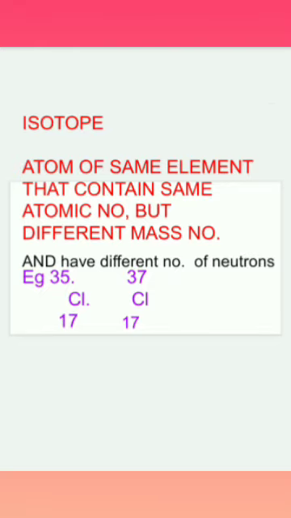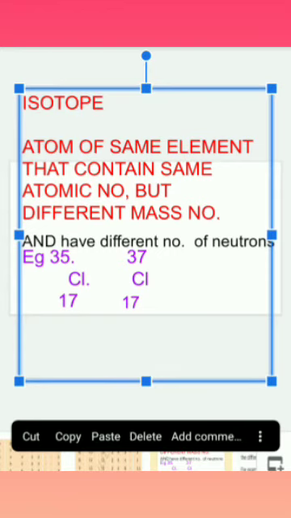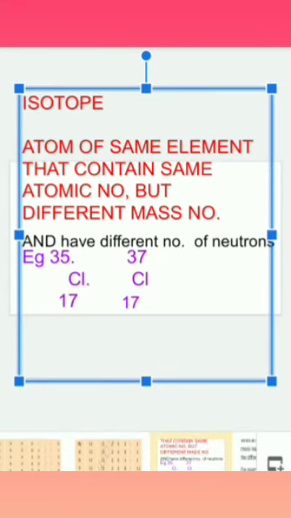For example, chlorine 17 35 and chlorine 17 37 are isotopes of chlorine.